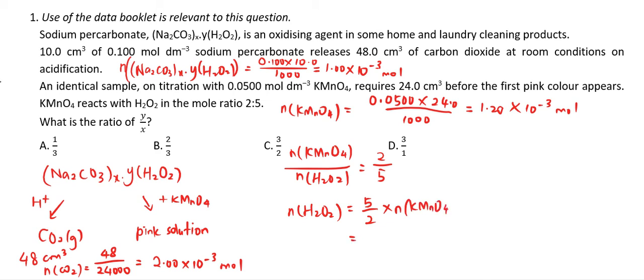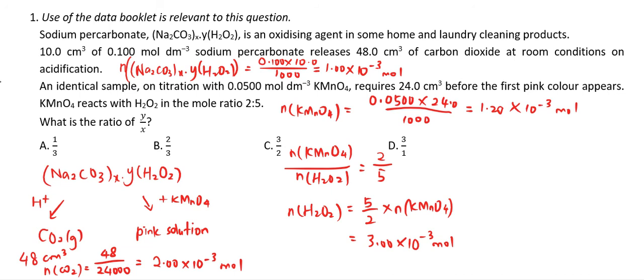So 5 over 2 times 1.2 times 10 to the power of negative 3. Okay, let's use the calculator and do this. Okay, it's 3 times 10 to the power of negative 3 mole. Okay, now we have everything: the number of mole of sodium percarbonate, the number of mole of carbon dioxide, and the number of mole of H2O2.